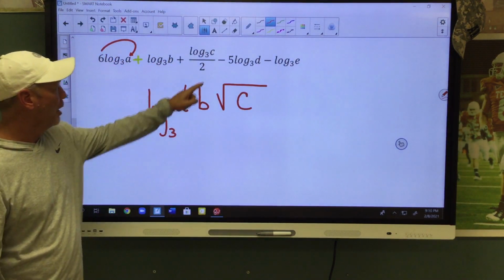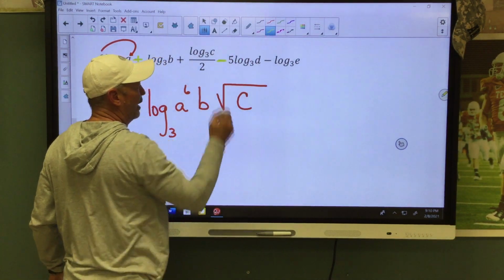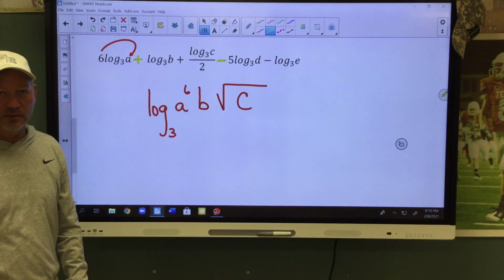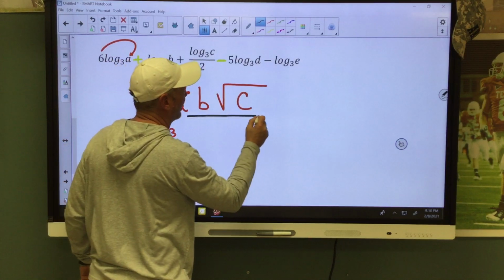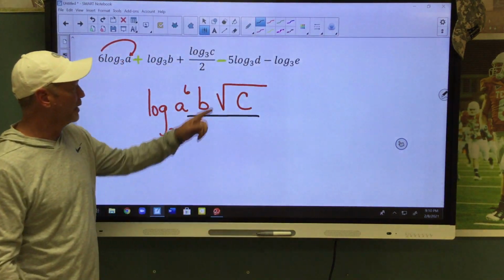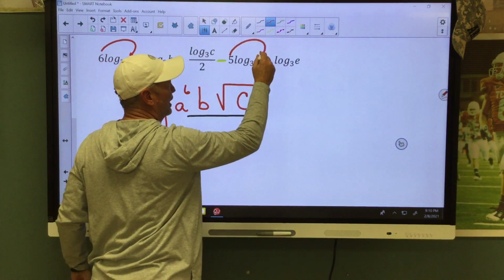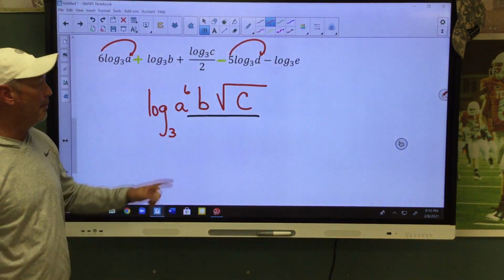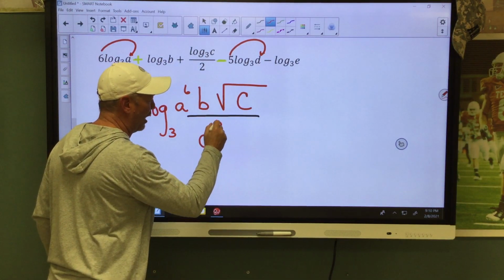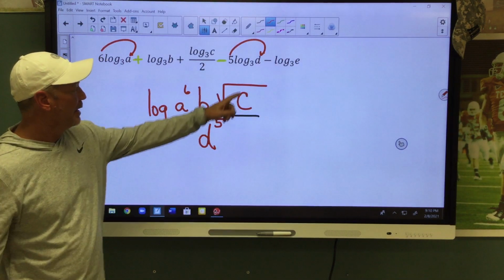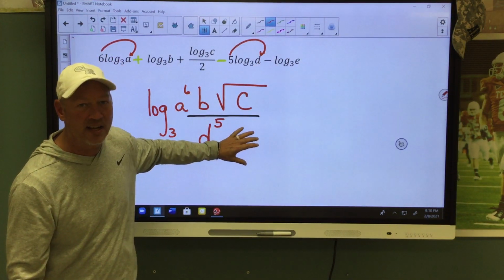Okay? The minus sign. What does this minus sign tell us to do? That means we're going to have a fraction. And what does this say? The 5 is in front, so that 5 has to be an exponent. So that means we're going to have D to the 5th power. This minus sign tells us to stay in the denominator.